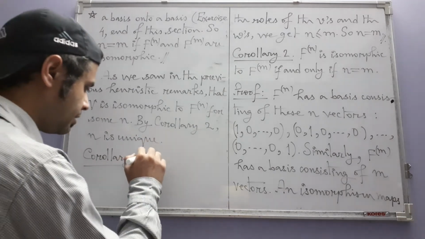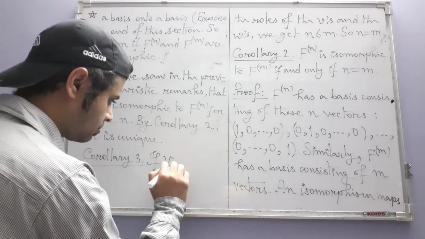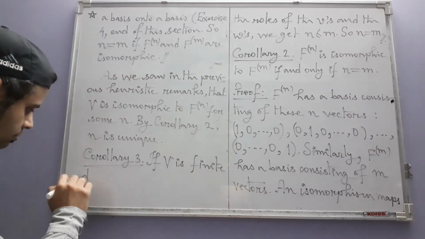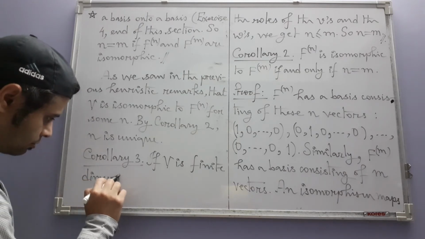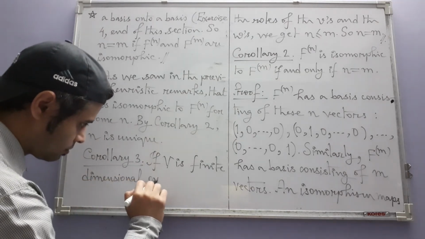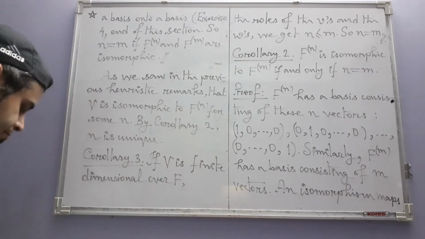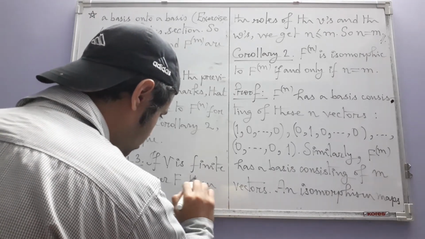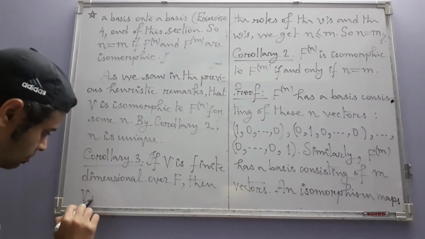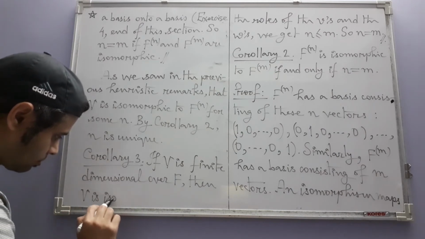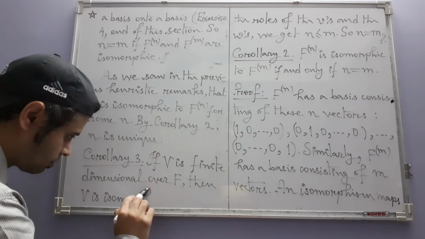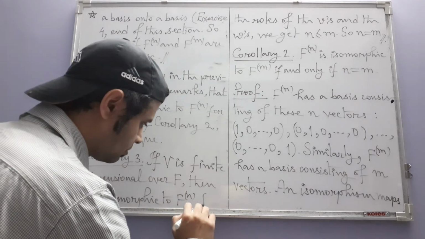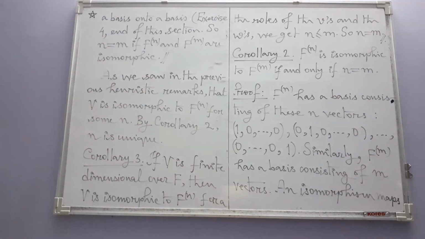If V is finite dimensional over F, then V is isomorphic to Fn for a unique n.